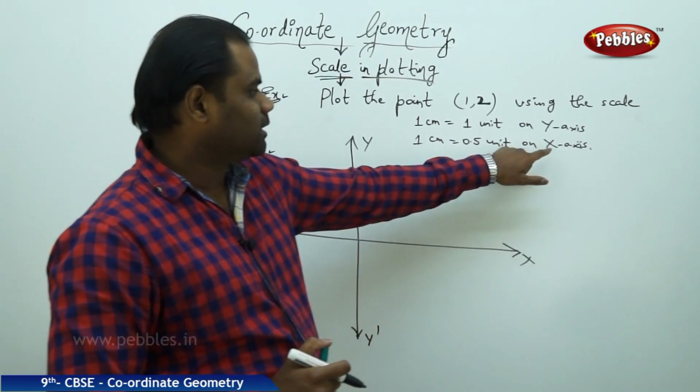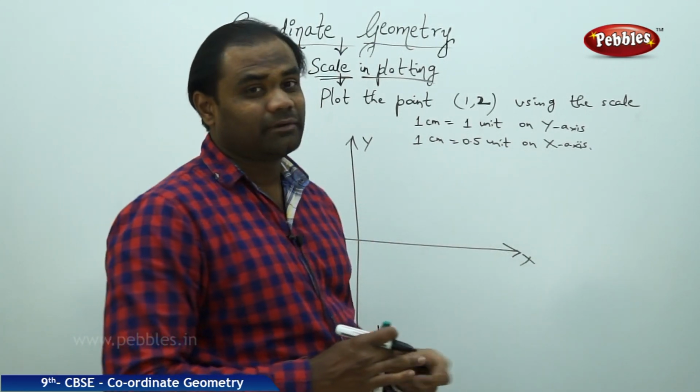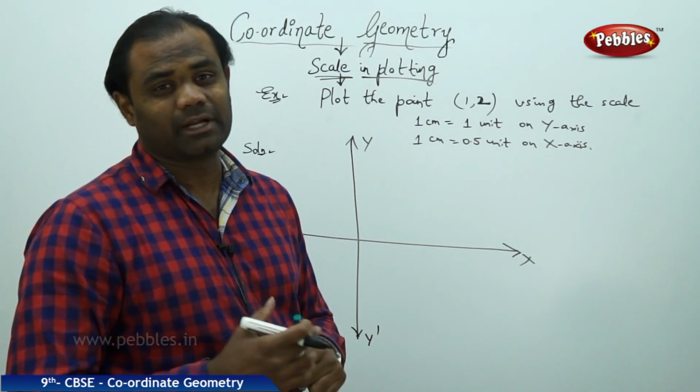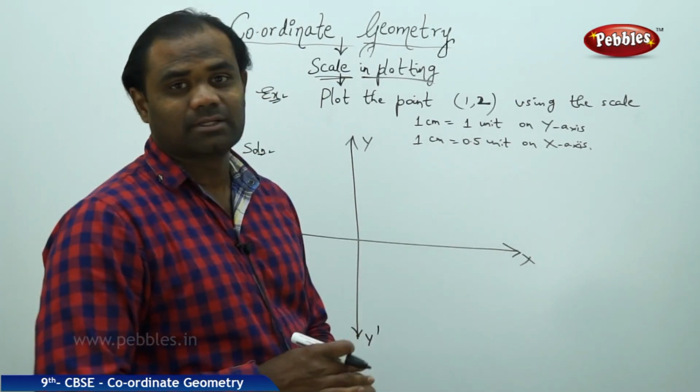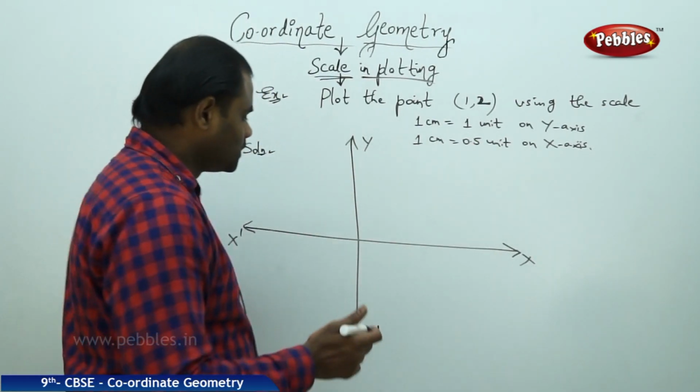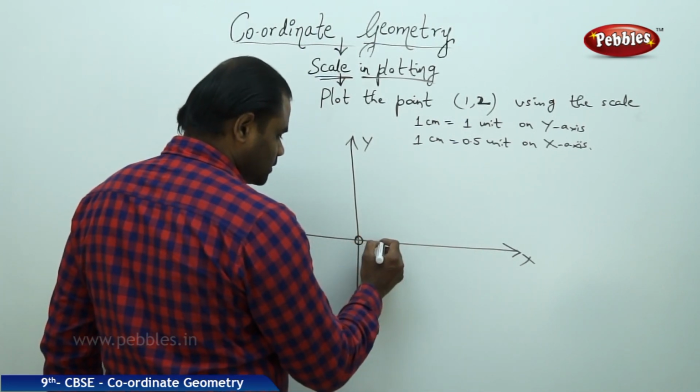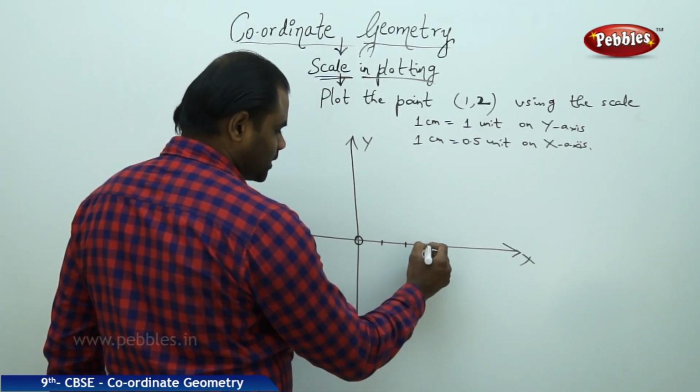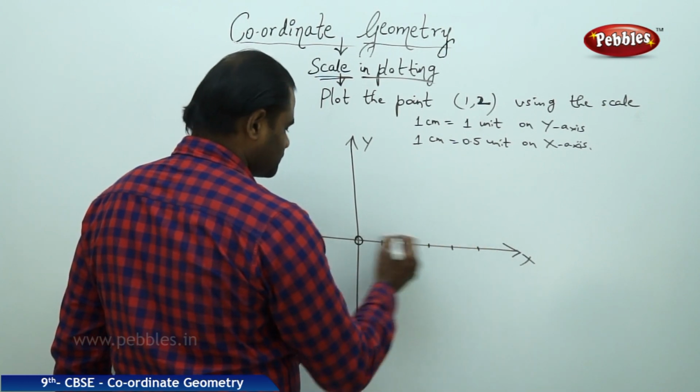Initially I start with the x-axis, which says that every 1 centimeter of the grid on the graph sheet must be taken as 0.5 units. So here I have my origin, and these are the grids separated on the graph sheet.